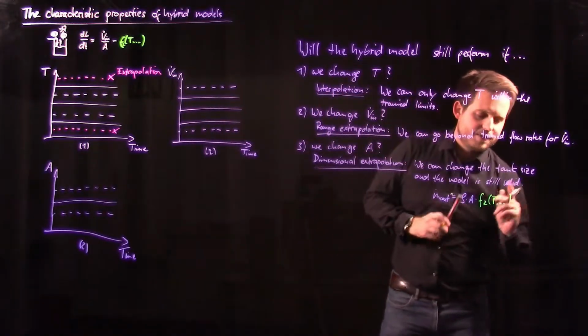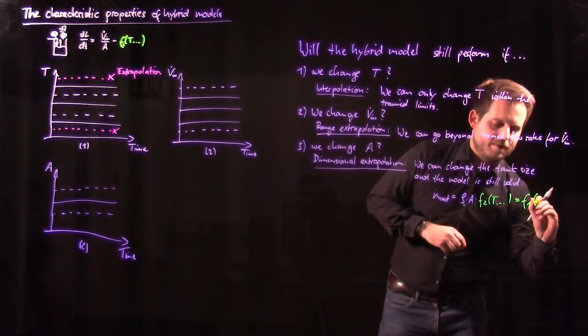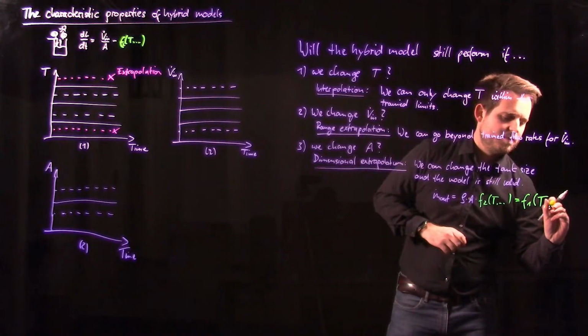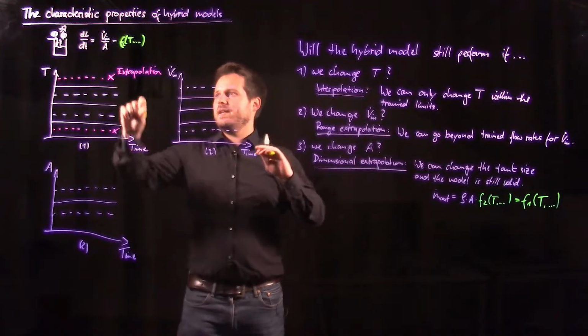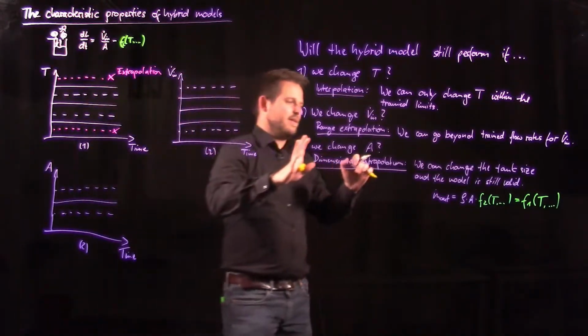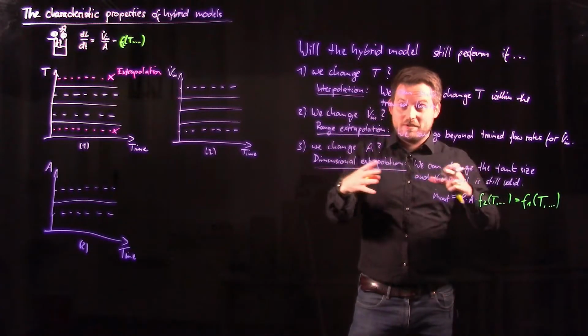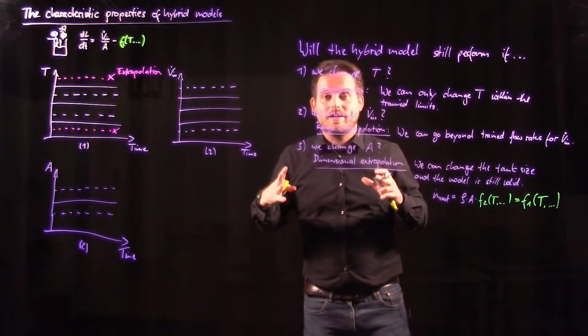If we would have said that this is equal to F1 from T, comma, some other things, clearly for this tank, the mass flow which goes out of the tank would depend on the cross-sectional area.